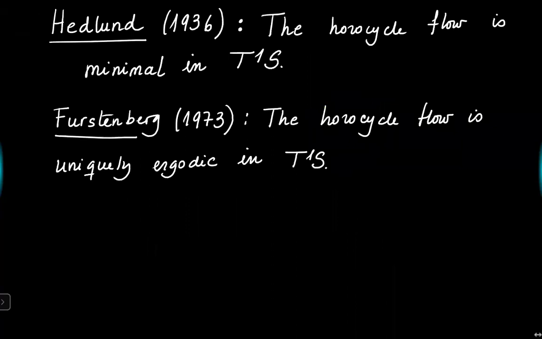Two classical theorems in this subject are Hedlund's theorem, which says that the horizontal flow is minimal in the unit tangent bundle of S, and Furstenberg's theorem, which says that the horizontal flow is uniquely ergodic in T1 S. This is very much unlike the geodesic flow, which has many minimal sets, many different orbit closures, and of course many ergodic measures.